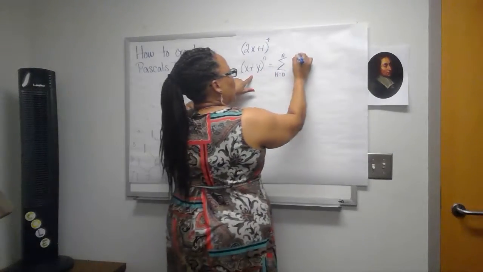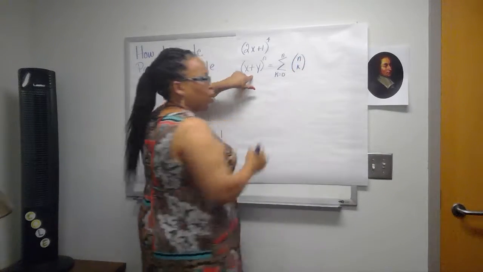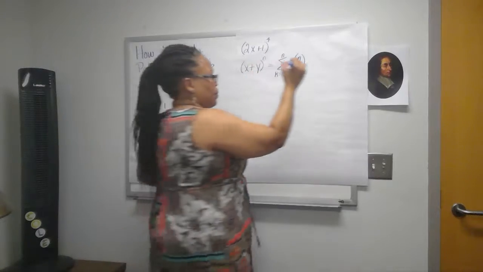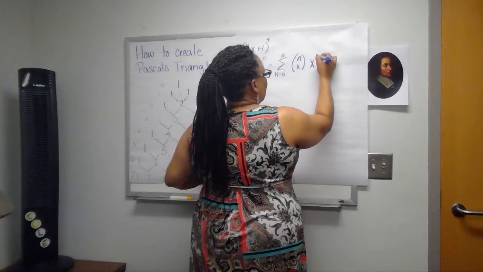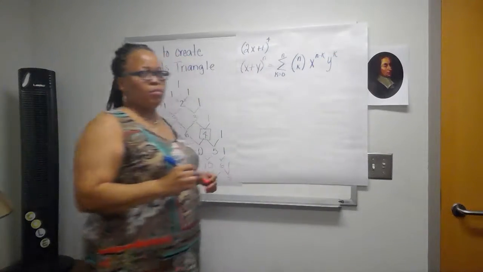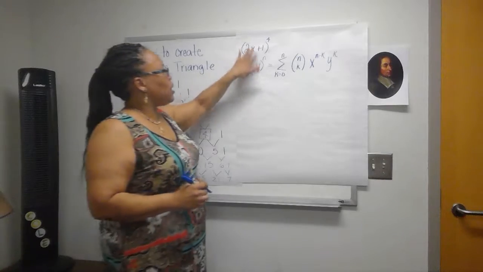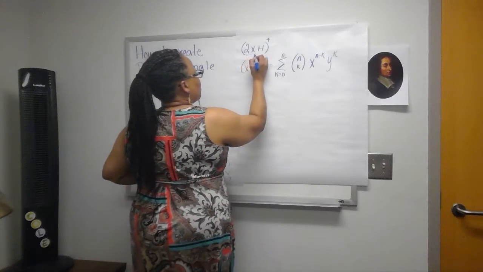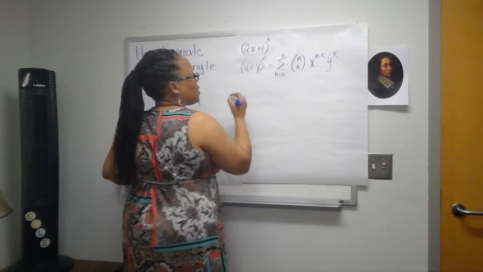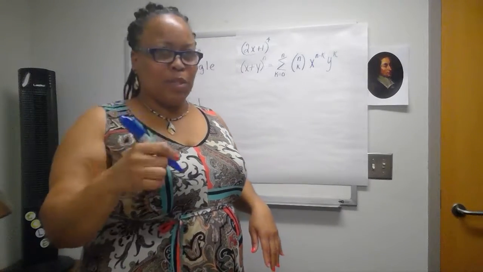Here we go with our combinations: n choose k, x to the n minus k, y to the k. How do we solve this? We just plug in. Your x term is going to just be 2x. So therefore, we will substitute.